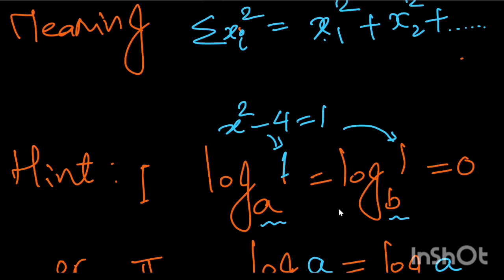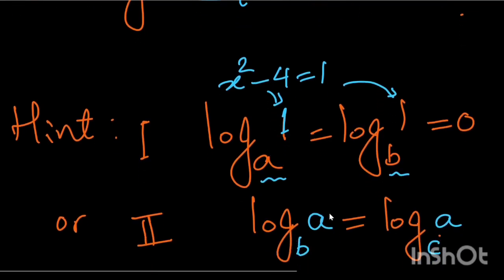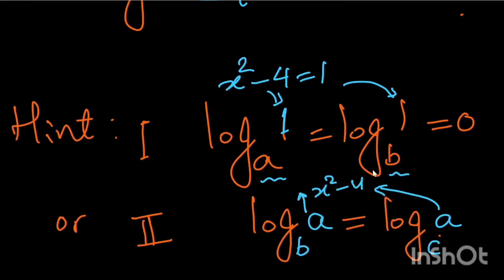And what else can we do apart from this? The second possibility of the equation being equal is, see, a is x square minus 4 only. I have written a here. Now the bases are different.